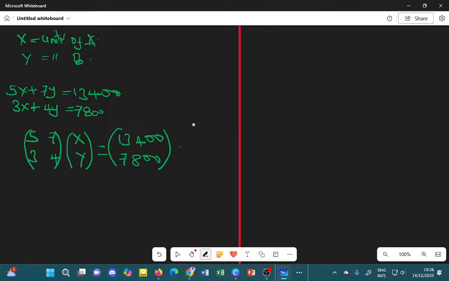And you clearly see that this is a different way of representing this, because matrix multiplication is row by column, so that we'll have 5 times x, which gives us 5x, then 7 times y, so plus 7y is equal to this. Sorry, whatever we introduced is not intended and makes it look like we are dividing, yet we are not.